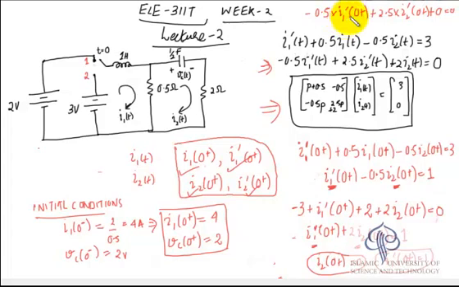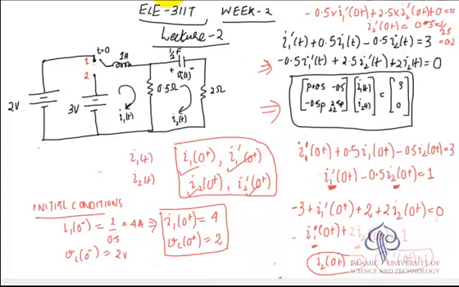So this which was to be found out, I2 dash 0 plus, is 0.5 into I1 dash 0 plus divided by 2.5, and I1 dash 0 plus we have already seen is 1, so it is 0.5 into 1 divided by 2.5, which is 0.2. So this I2 dash 0 plus is also found.